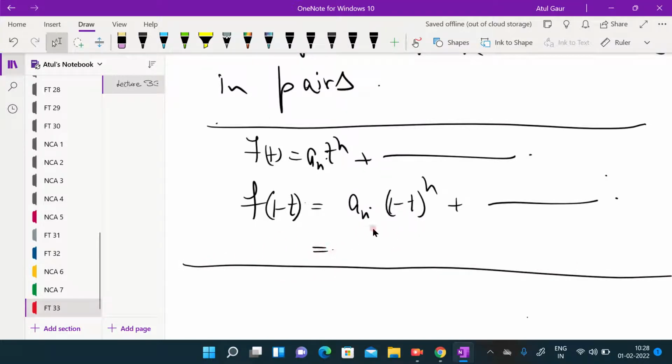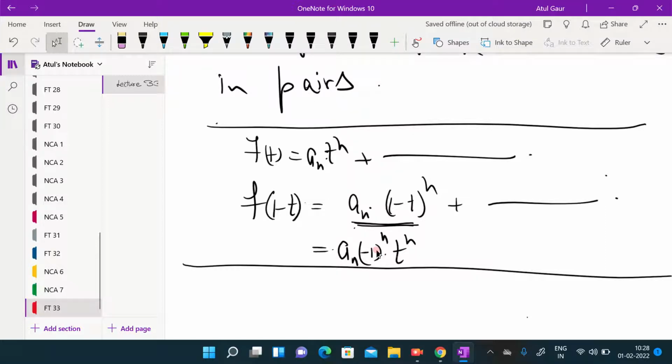So what will the leading coefficient come out to be here? It's simply a_n times (minus 1)^n, that will be the leading coefficient. Is that fine? Is this all right? Any confusion? It's quite simple, binomial expansion. Yes, sir.